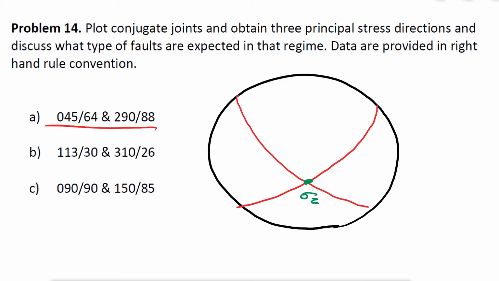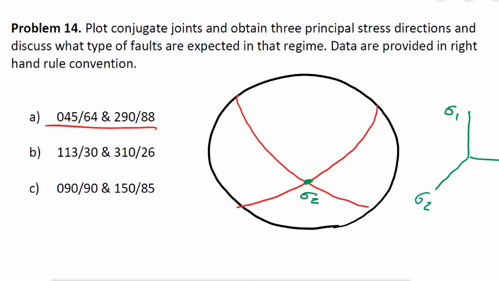If you remember, I mentioned that these three principal stress directions are perpendicular to each other. Let's say here we have three axes. Let's say this is sigma 1, this is sigma 2, and this is sigma 3.